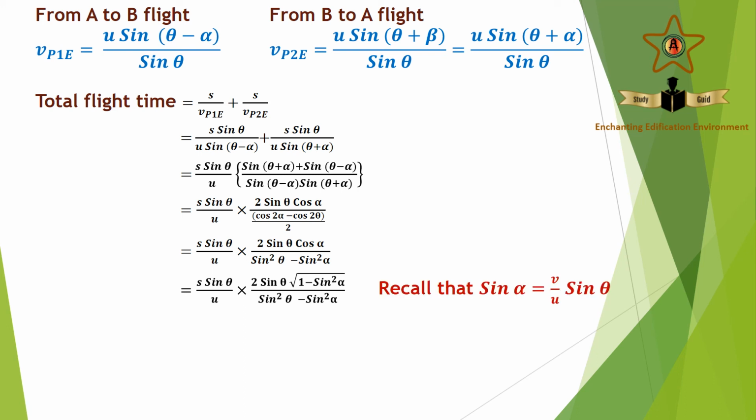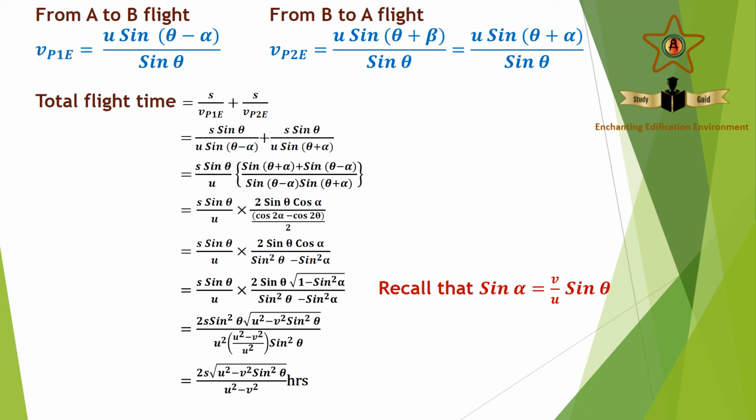Since sin alpha is v over u sin theta, you substitute and simplify. Then finally we get 2s times the square root of (u squared minus v squared sin squared theta) divided by (u squared minus v squared). This comes in hours.